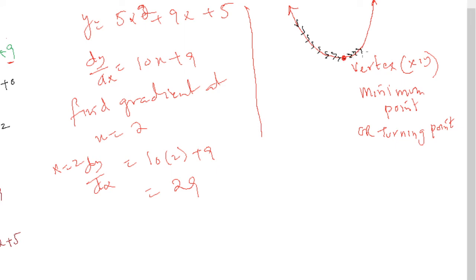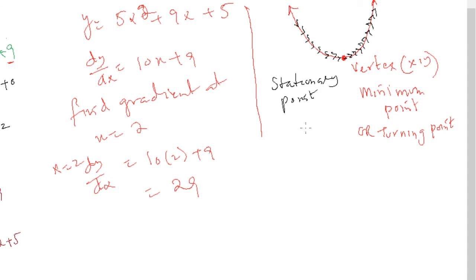So I'm turning my direction exactly at this point. So this point is also called the turning point. Sometimes it's called minimum point, sometimes it's called stationary point.